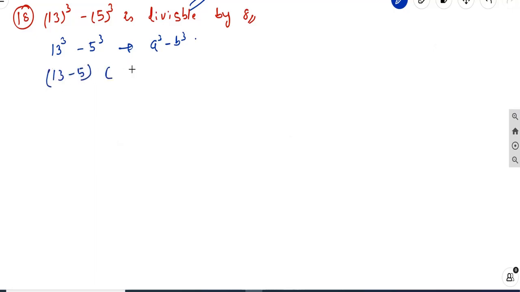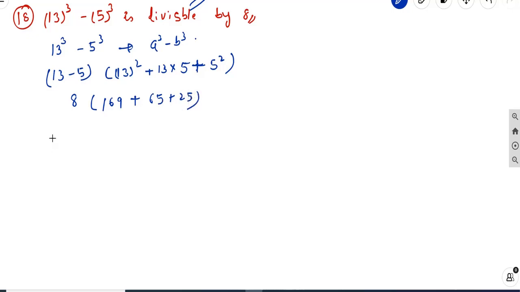Okay, and then 13 square plus 13 into 5 plus 5 square. Okay, so 13 minus 5 is how much? 8. So this becomes 8 into 13 square, 13 into 13, 169, plus 13 into 5, it becomes 65, plus 25.